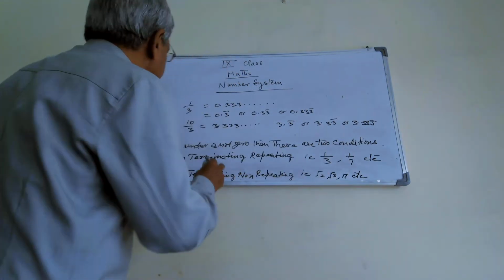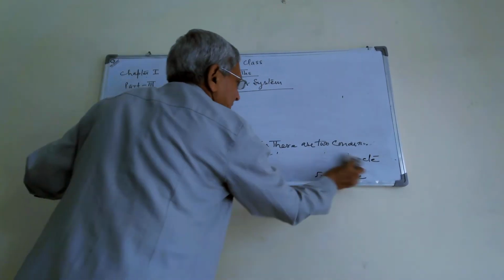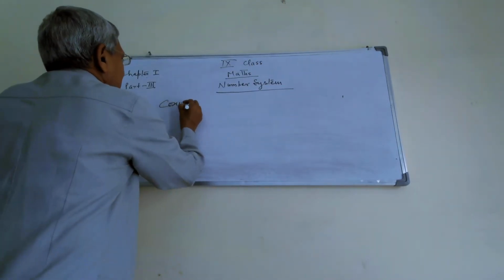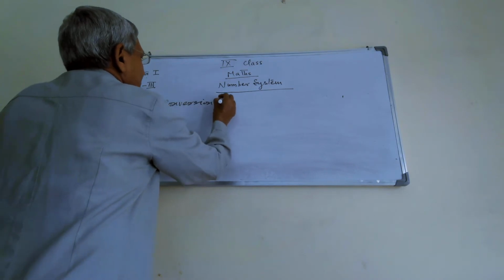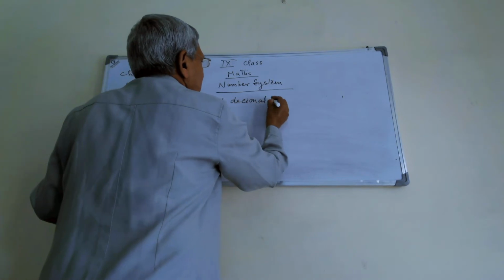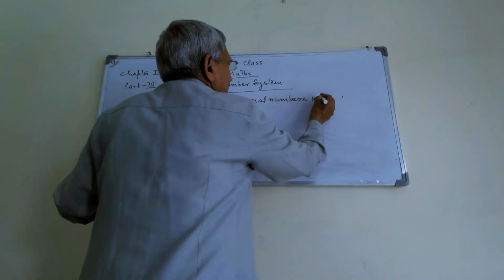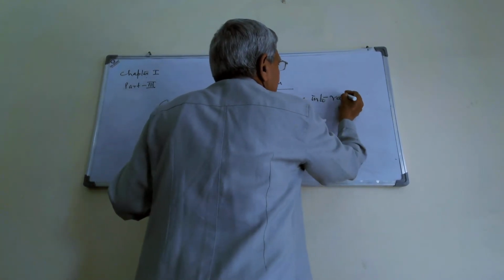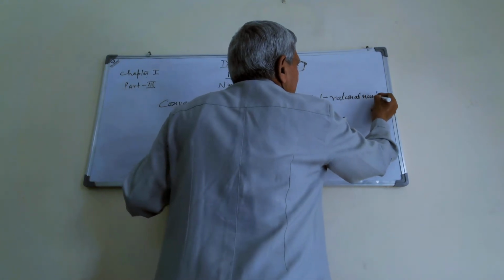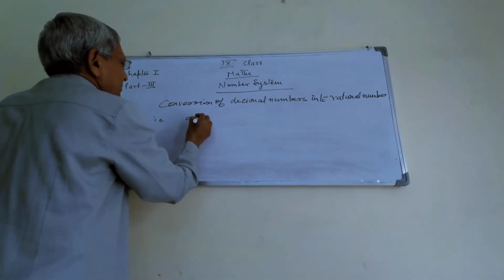So I am taking an example: conversion of decimal numbers into rational numbers. First example, 0.5 bar.